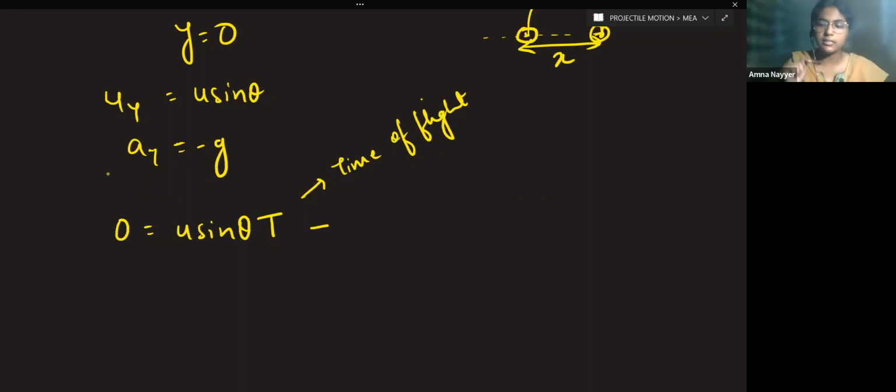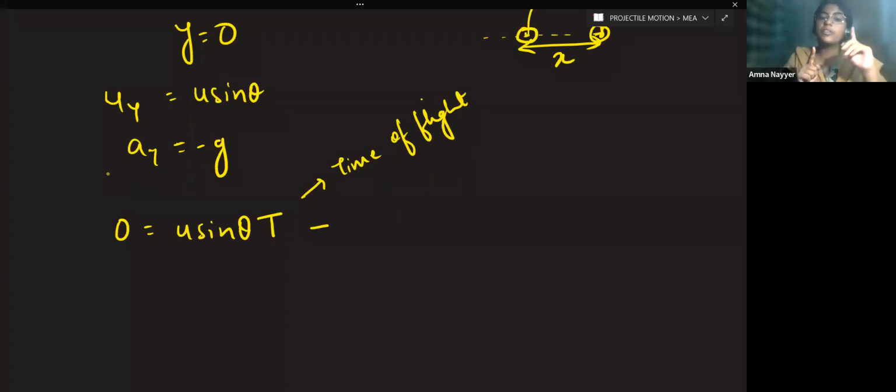So here also, when the particle is at this point, maximum height, the velocity along the y component will be 0. There will be a velocity left along the x-axis that will push it to complete the motion. Otherwise, if it is 0, it will fall down. We won't get this complete trajectory, this complete path. So at the highest point, velocity along the y-axis will be 0.